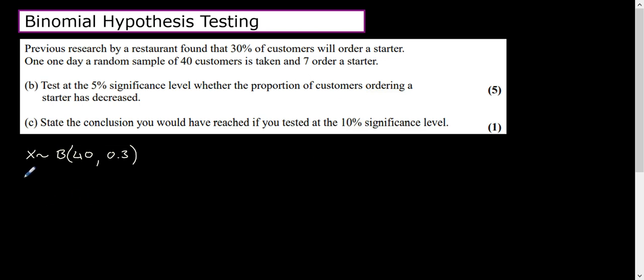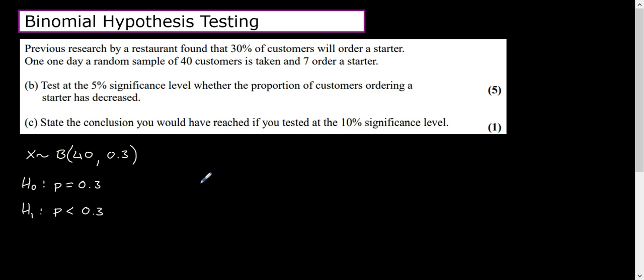We need to write down our null hypothesis and our alternate hypothesis. So H0, I forgot to mention in the last one, that's a 0. So H0, the null hypothesis, is that the probability is 0.3. The alternate hypothesis is that the probability is less than 0.3. And we get that less than because 7 out of 40 seems to be less than 30%.